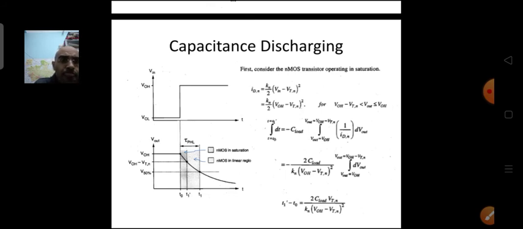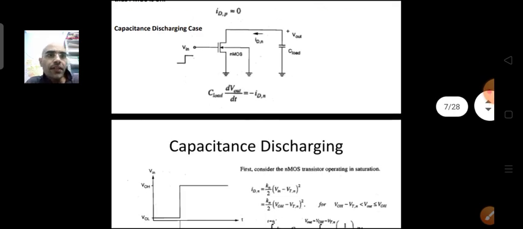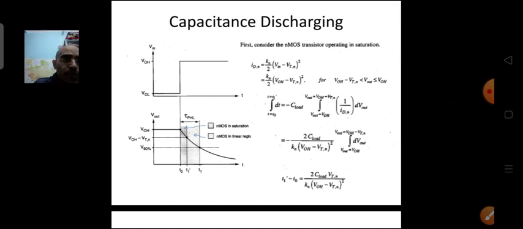I can write it in terms of the capacitance equation: C dVout by dt is equal to minus IDN. In this equation our aim is to substitute IDN and integrate over the range from t0 to t1 dash.